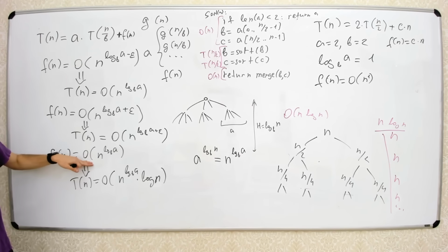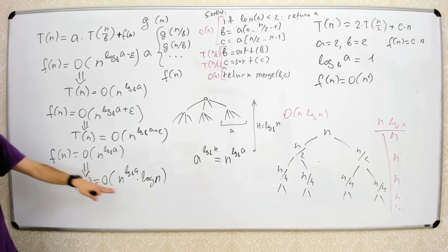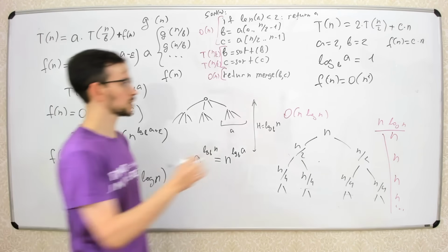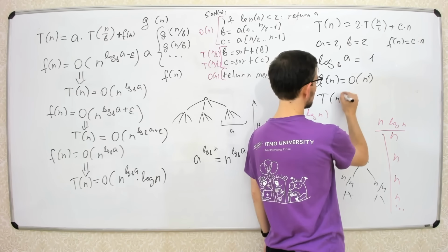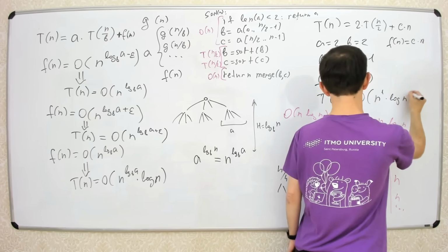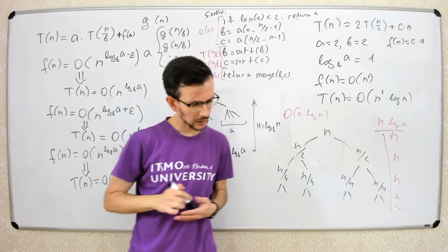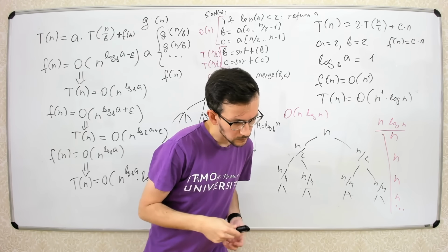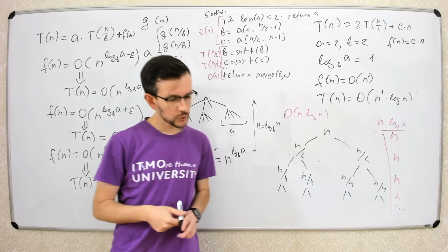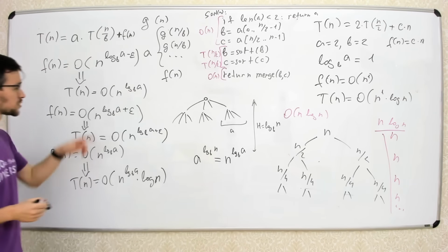So in the third case, the time complexity will be n to the power of 1 multiplied by log n. Should we use theta? Yes, you can use theta here.